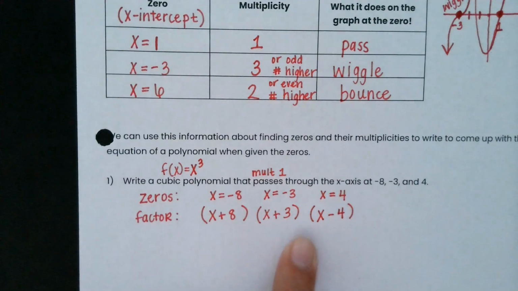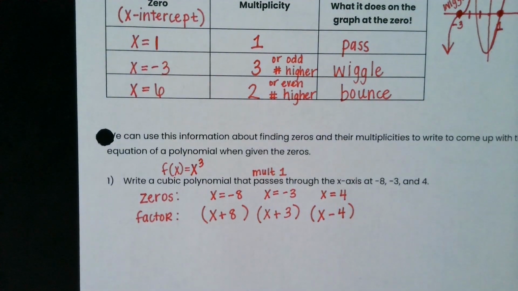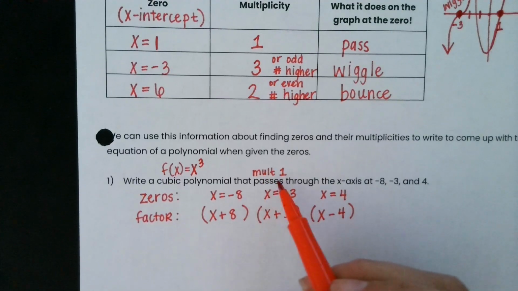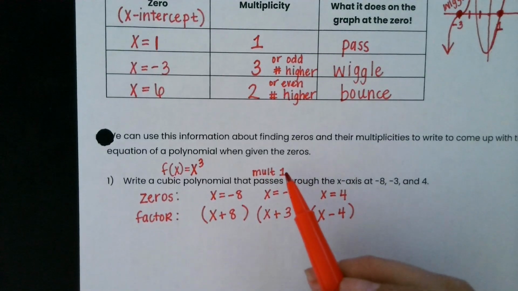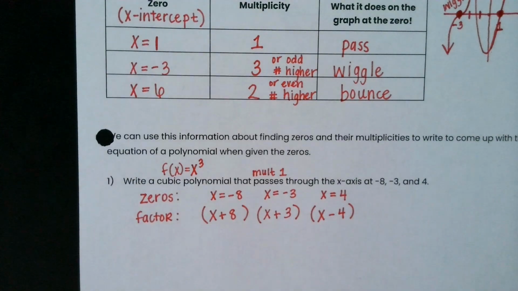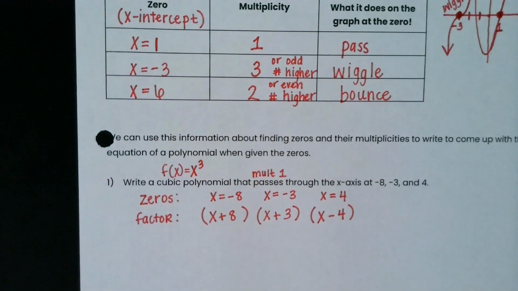So now we have our factors. We said the multiplicity on them, since they all pass through, is 1. You can write a first power if you want, but normally that to the first power is invisible, so you don't have to write it.